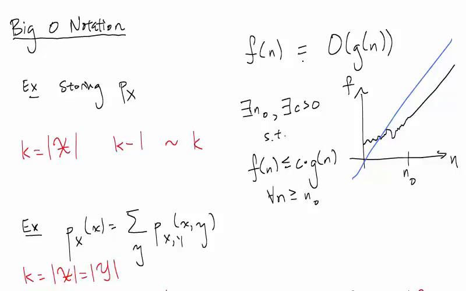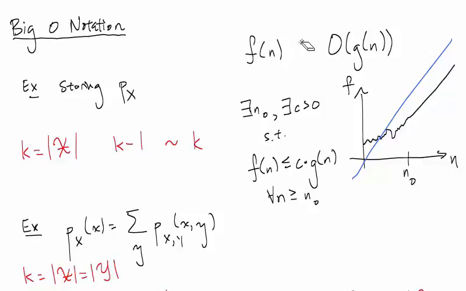So this equal sign is actually kind of weird, because you can think of it as this O of g of n somehow refers to a whole class of functions. They're upper bounded by g in the sense that we just talked about, whereas f is just one of those functions. So in fact, some people actually use the notation that if f of n is O of g of n, they write f of n is in O of g of n.